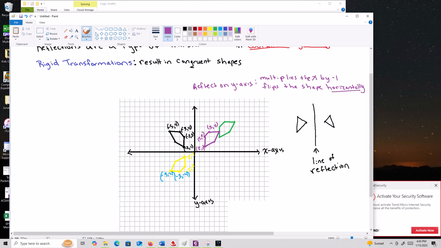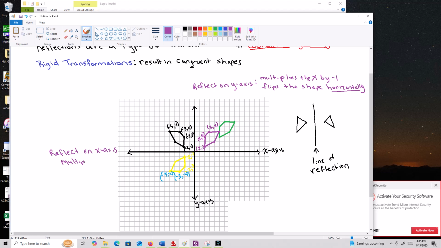All right, but if we reflect on the x-axis, like we did with the yellow shape, and I'm so sorry about that color, it really hurts the eyes. Reflect on the x-axis, we multiply the y value by -1.